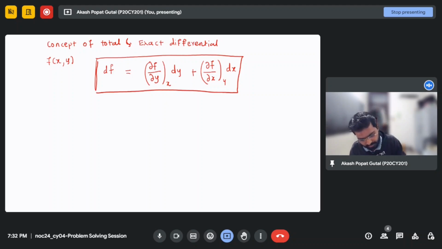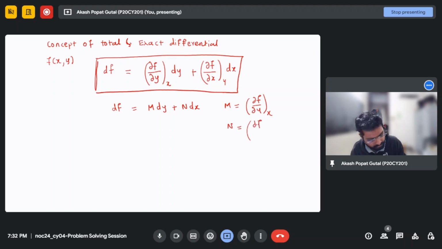And what we said about the exact differential is, suppose this equation I can write as M dy plus N dx, where M is del f by del y at constant x, and N is del f by del x at constant y.